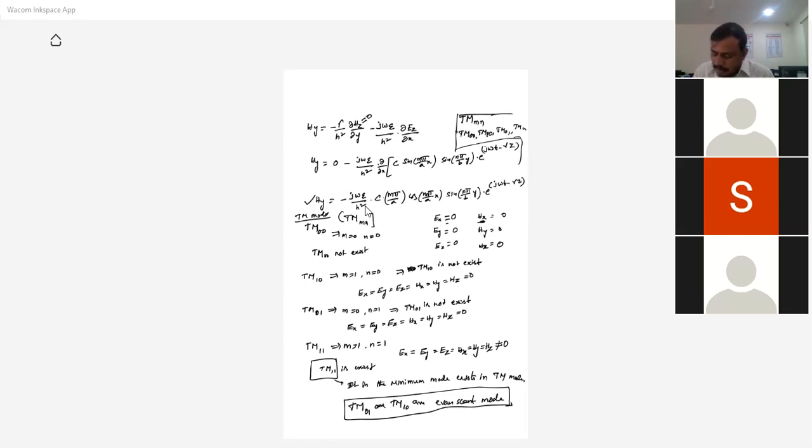TM01 or TM10 are called evanescent modes. These modes are not possible in our rectangular waveguide. So are you clear up to this point?